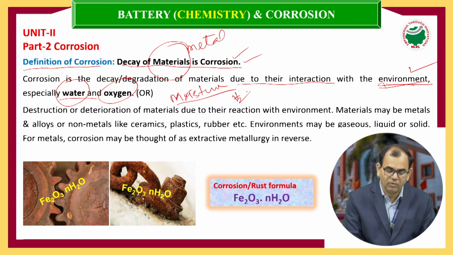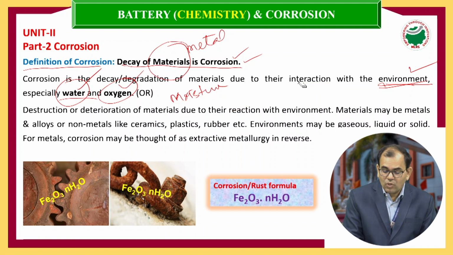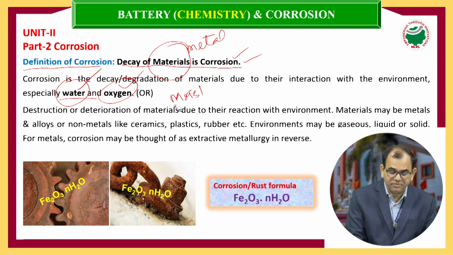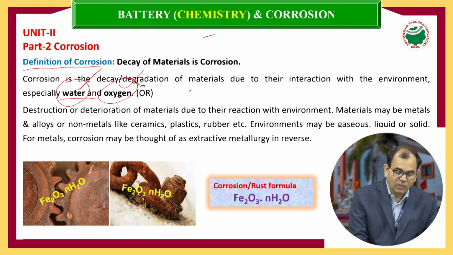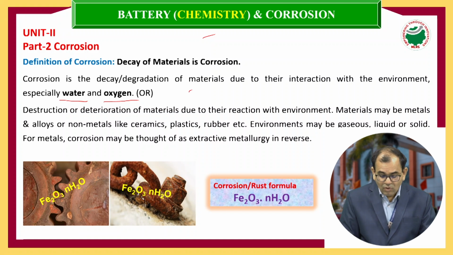Moisture is nothing but H2O, water, and atmospheric oxygen. So, for the corrosion of any metal, who is the main culprit? Environmental factors such as water and oxygen. These are the two main culprits for the corrosion of a metal. Now, what is the formula of corrosion?